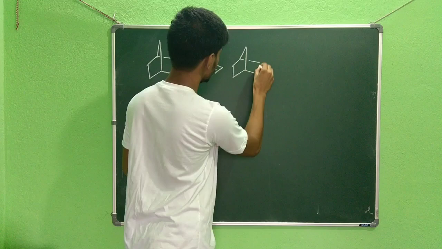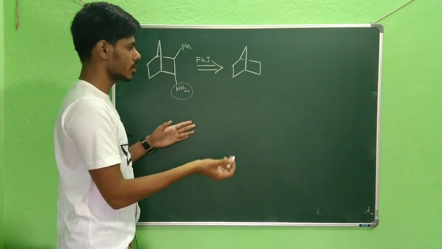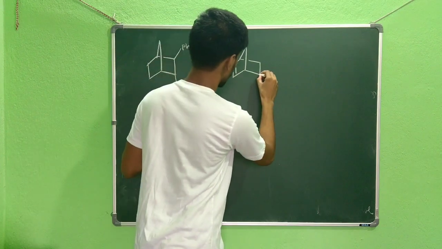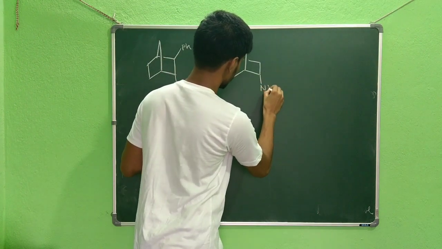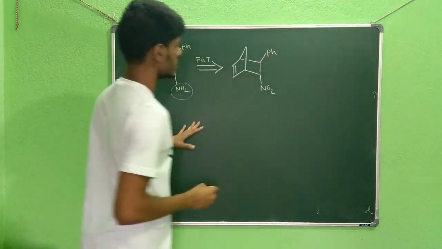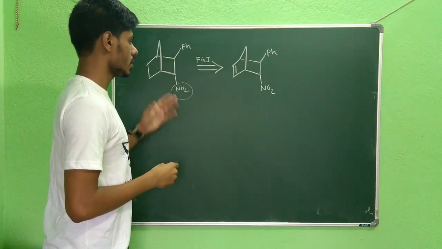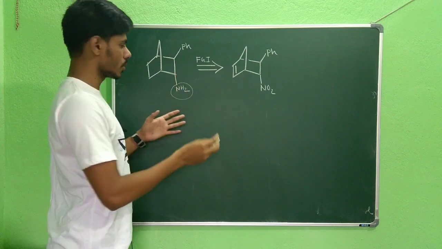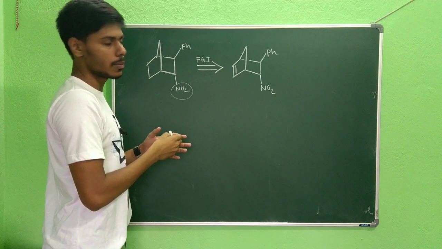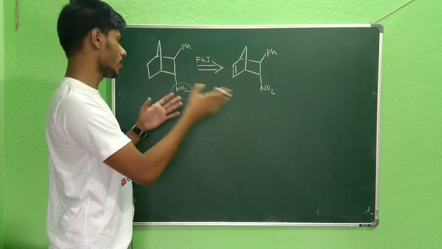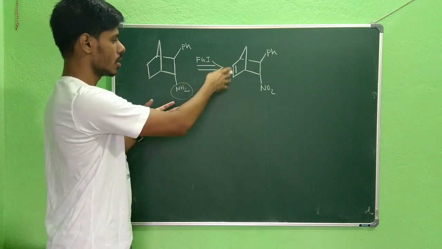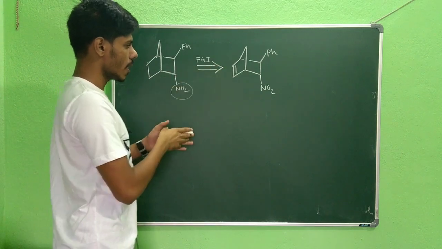You can write them separately or in the same step. Here you will have one double bond, and here you will have this nitro. So this is the first retrosynthetic step. Functional group interconversion occurs, this NH2 becomes NO2, and here you have a double bond. Or you can write functional group addition, this step. Actually this is not a functional group addition, so that's why I put it in the same step.